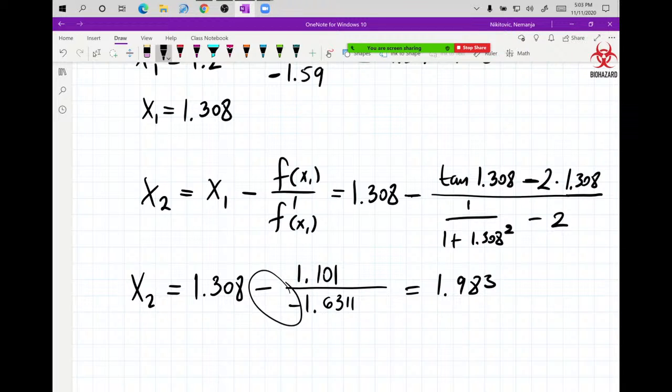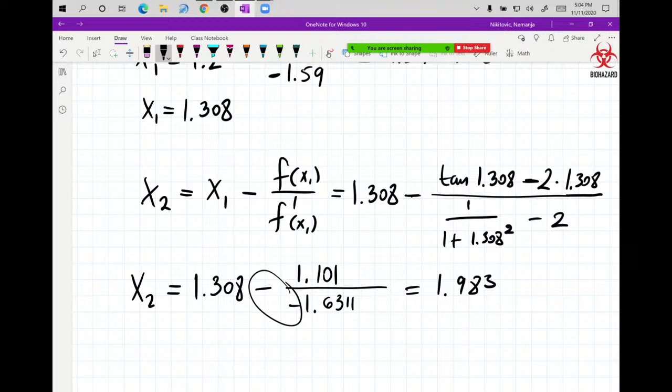Now I gotta do all of this again. This is why we have programming. Tangent of 1.308 minus 2.616, because 3 times, yeah, and 2 times 16, good.